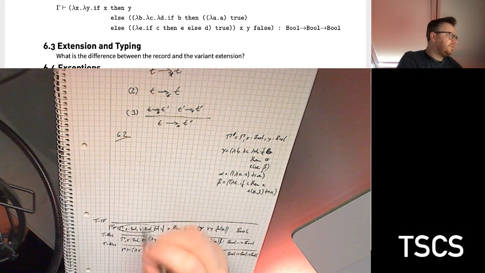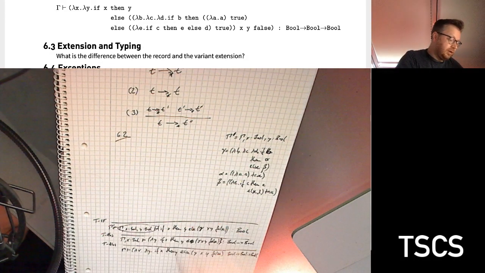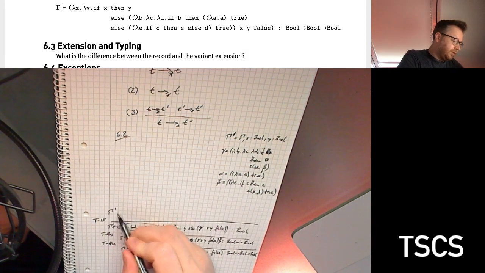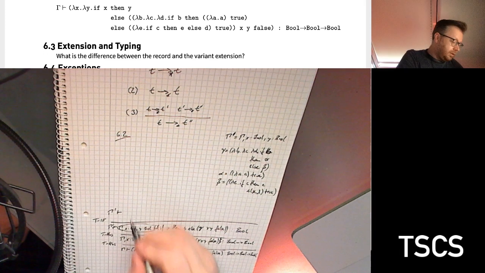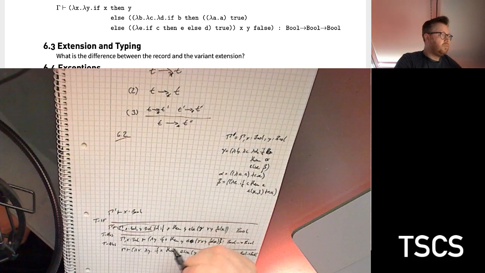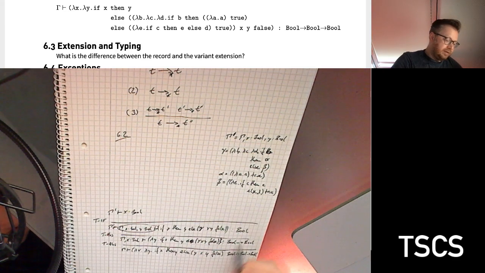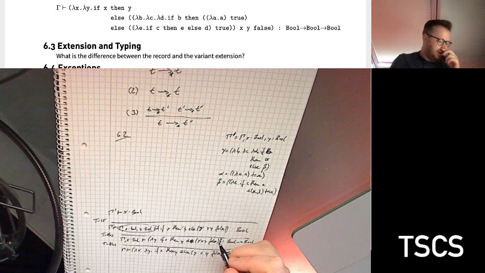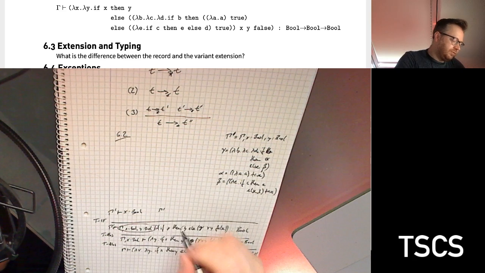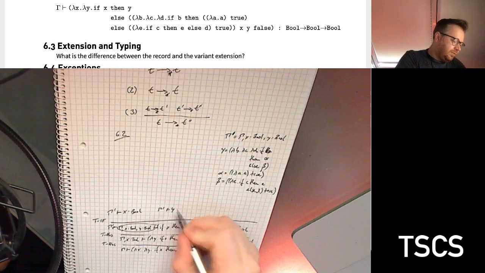So the first premise is about the condition up here. So it's gamma prime, x bool. And as we know that our return type should be bool, we would also type the two sub expressions here as bool. So under the same assumption of gamma prime, y would be bool.